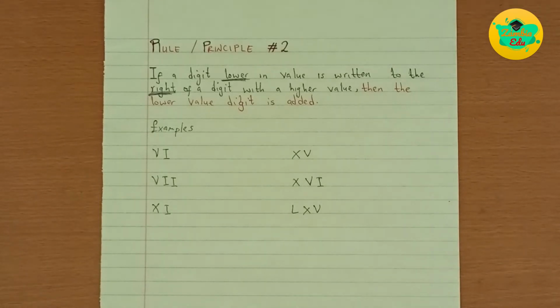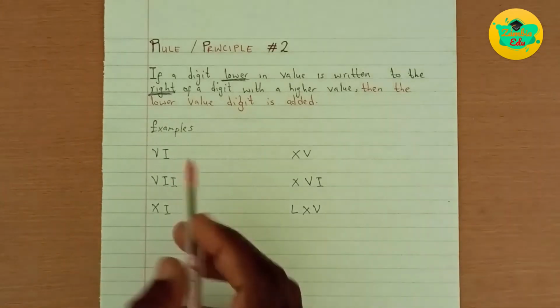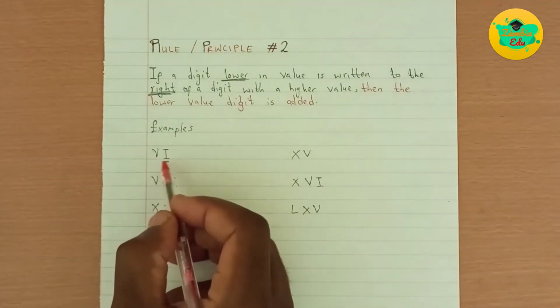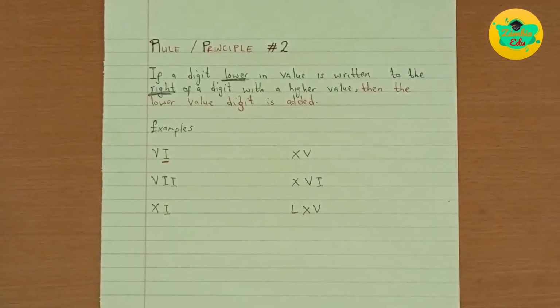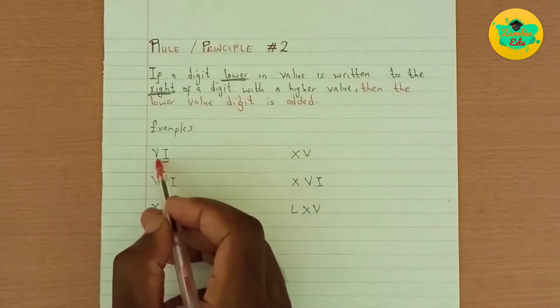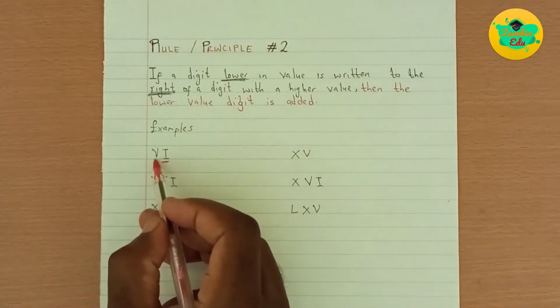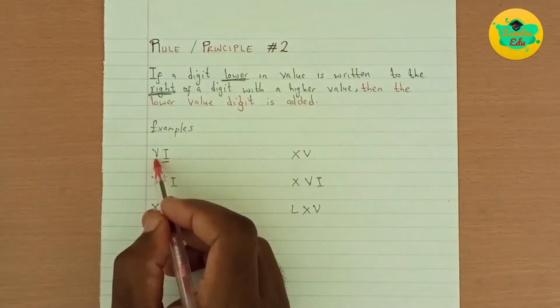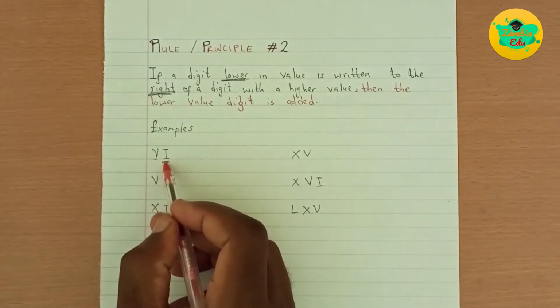All right, so now it says if a digit lower in value is written to the right. This I is on the right of V. The letter I is on the right of V. So V is the digit higher in value. V represents 5 and I represents 1.